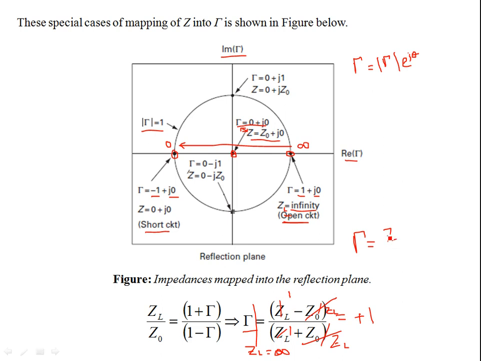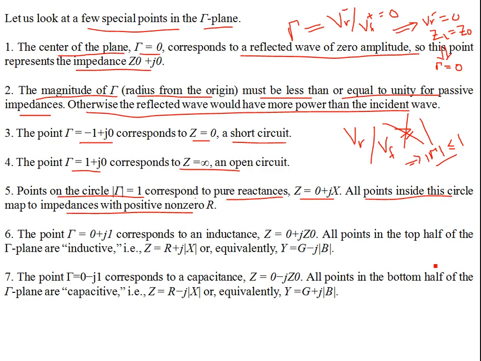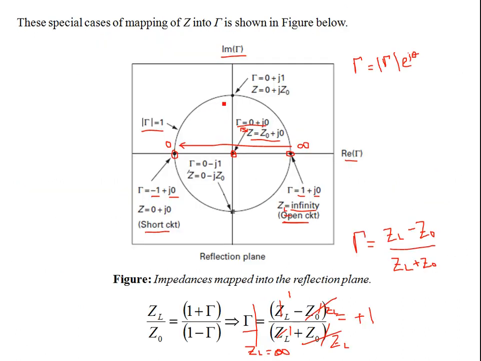So we have ZL minus Z0 over ZL plus Z0. What it says is that the points on the gamma equal to 1 circle don't have the real part.